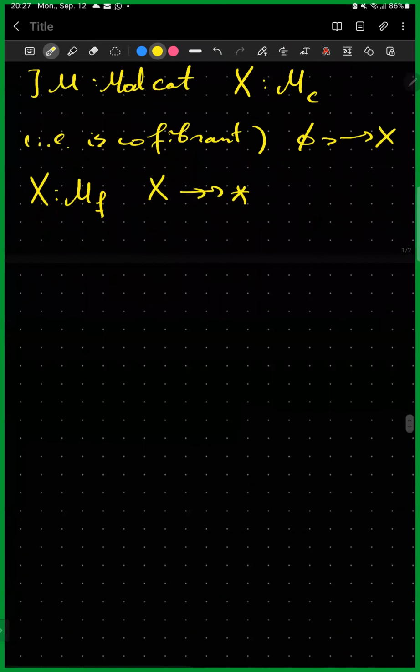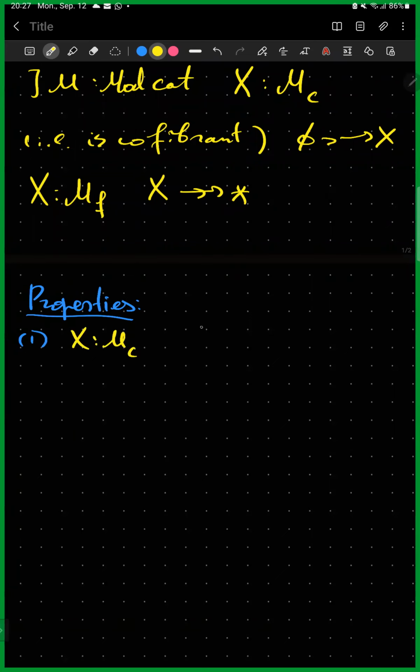And we have two elementary properties of fibrant and cofibrant objects, namely that if we have a cofibrant object X and we have a cofibration, then Y is also cofibrant.